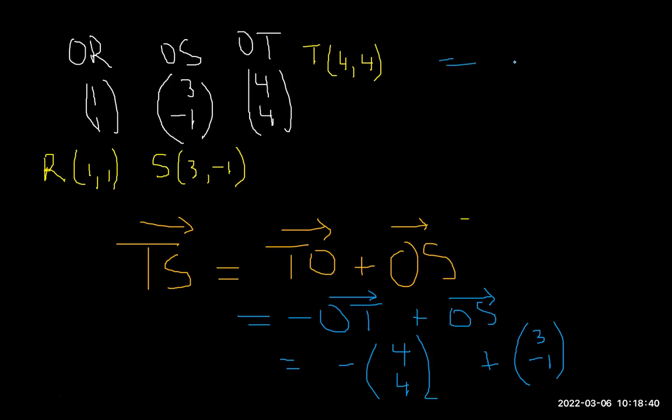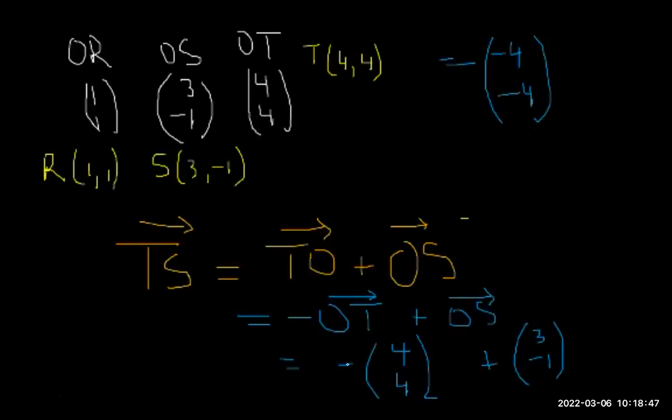Minus 4 is the same as saying minus 4 minus 4. How did I do that? Well, if this is a minus sign here, and I'm multiplying it by the vector, I need to multiply both the X component and the Y component. So 4 by minus 1, well, we know this is minus 1, right? So 4 by minus 1 is minus 4. Same thing here, 4 by minus 1 is minus 4.